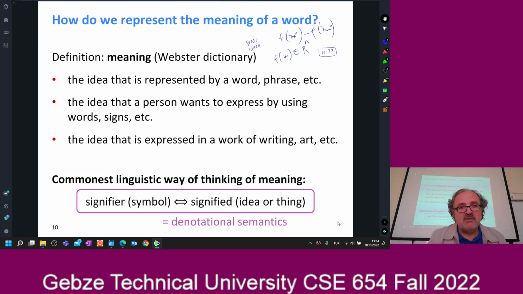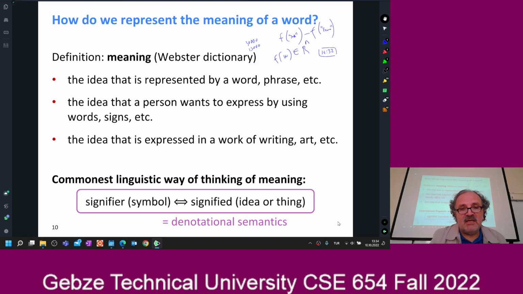Okay, so these are some of the meanings of the word meaning from the Webster dictionary. It's an idea that is represented by a word or phrase, an idea that a person wants to express by using words, etc. The idea that is expressed in speech or writing, and etc. So meaning has many different meanings, the meaning of the meaning.